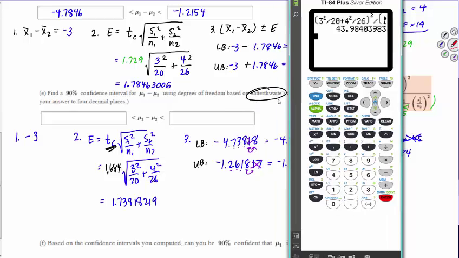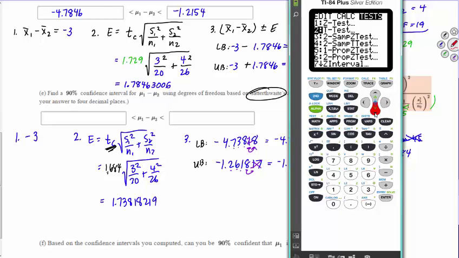Satterthwaite's approximation is used by all technology to find these confidence intervals, so we don't have to do anything too special in here. We just have to find the confidence interval we want to construct, which is a 2-sample t interval. And we have 2 samples, and we're trying to use the t distribution.